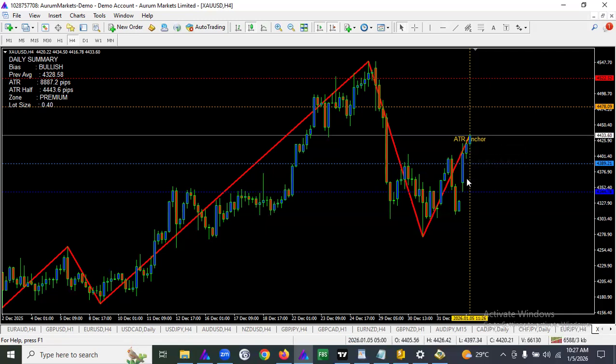So if you are taking a buy on gold, you have to wait for price to pull back to either entry level 1, which will be about 440 something pips, then entry level 2, which will be 888 pips. That's when you look for a buy. You cannot buy from the current market price now.